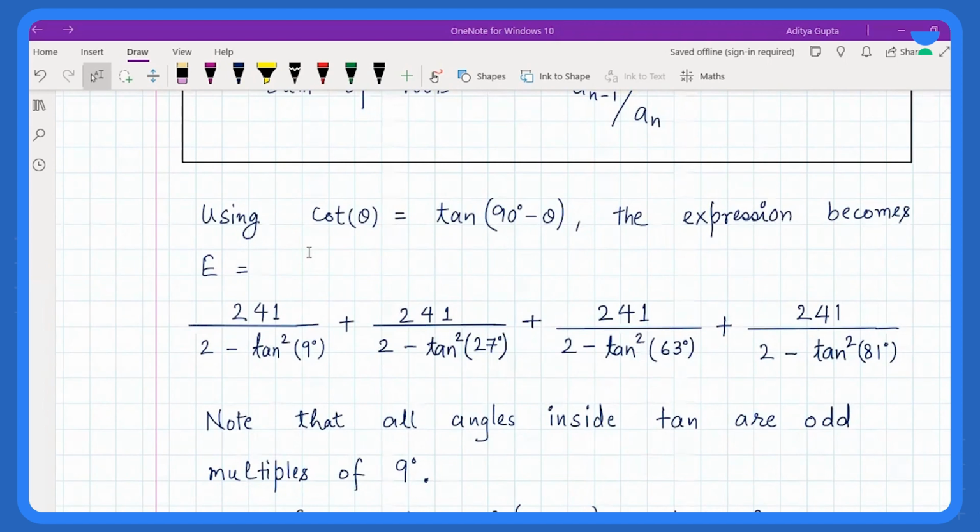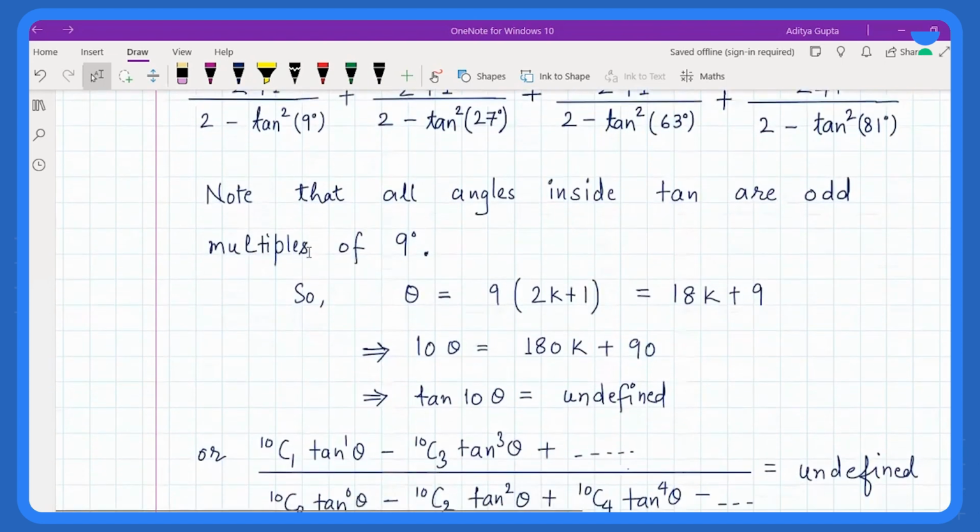Now what we observe about these angles 9 degree, 27 degree, 63 degree, 81 degree is that all of them are odd multiples of 9 degree, right? So all of them satisfy theta equal to 9 times (2k plus 1) for some integer k, so it becomes equal to 18k plus 9.